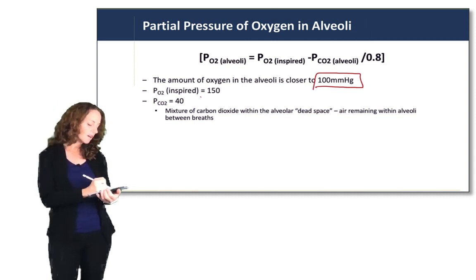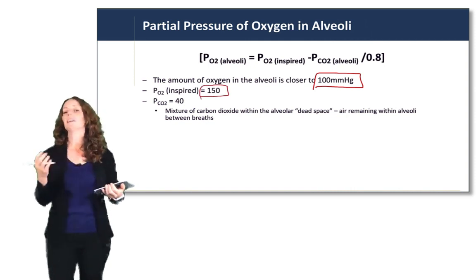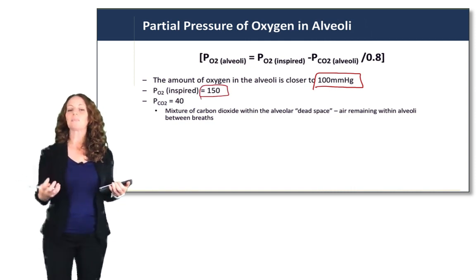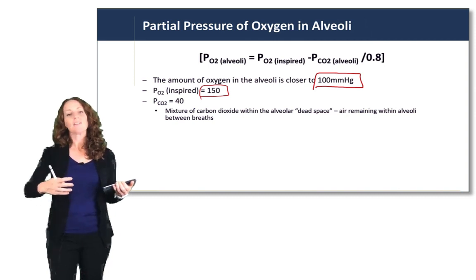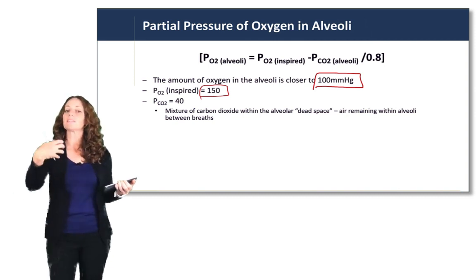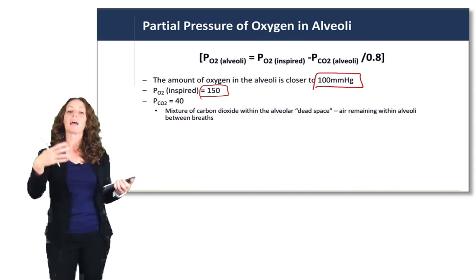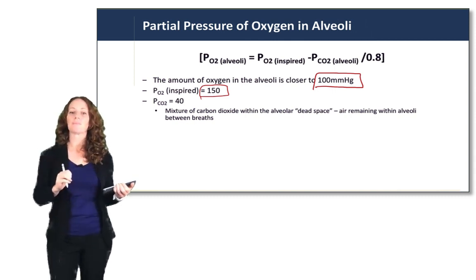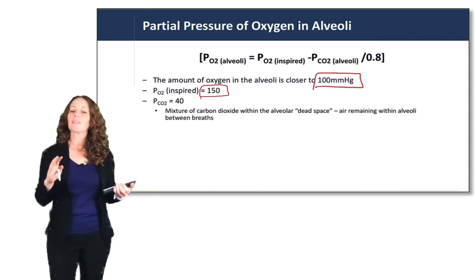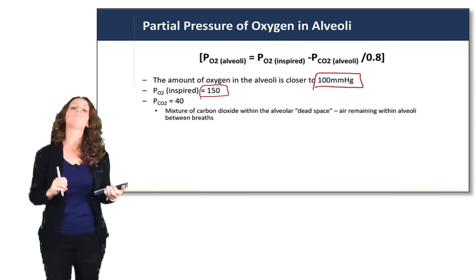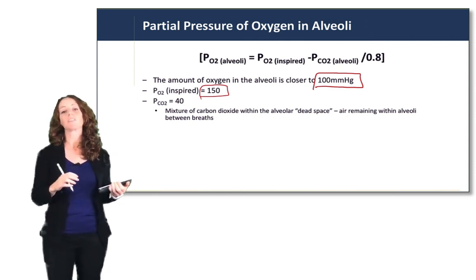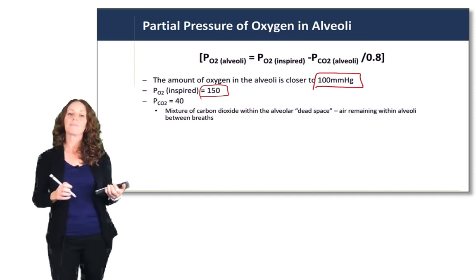This is because we start with about 150 millimeters of mercury in the inspired air, and then that new inspired air mixes with the carbon dioxide and the alveolar dead space air and brings that number down. As we get that number down, it reaches about 100 millimeters of mercury of oxygen in the alveoli.